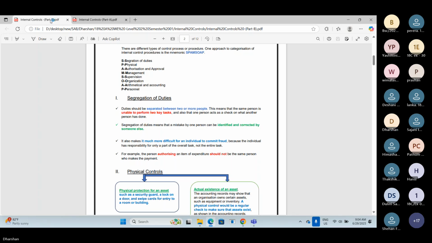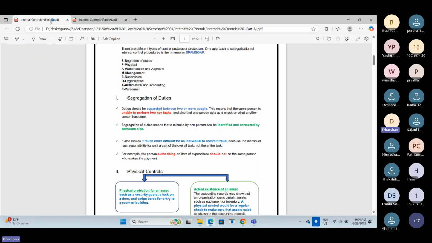Let's say the sales order is prepared by one person, goods dispatch is done by another, invoice generating is one person, and invoice approval is one person. So more than two people are involved. That is called segregation of duties. If you take the payment process: prepared by one person, checked by one person, approved by one person, and payment by one person.